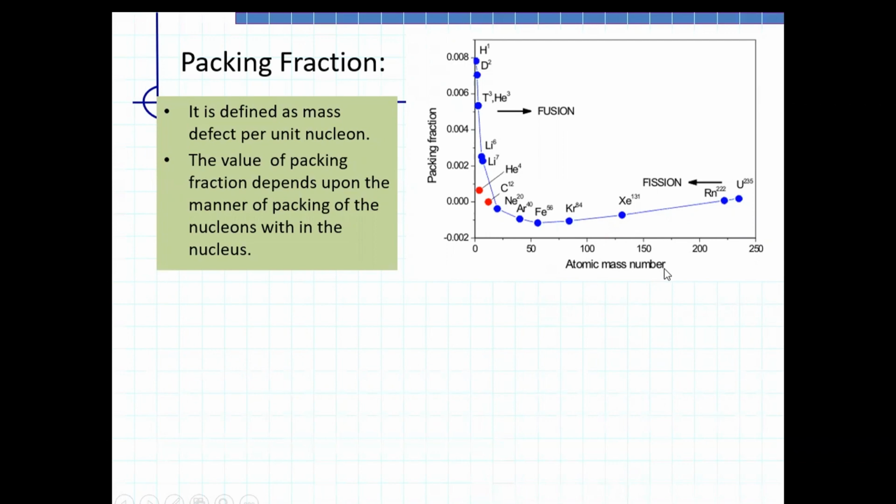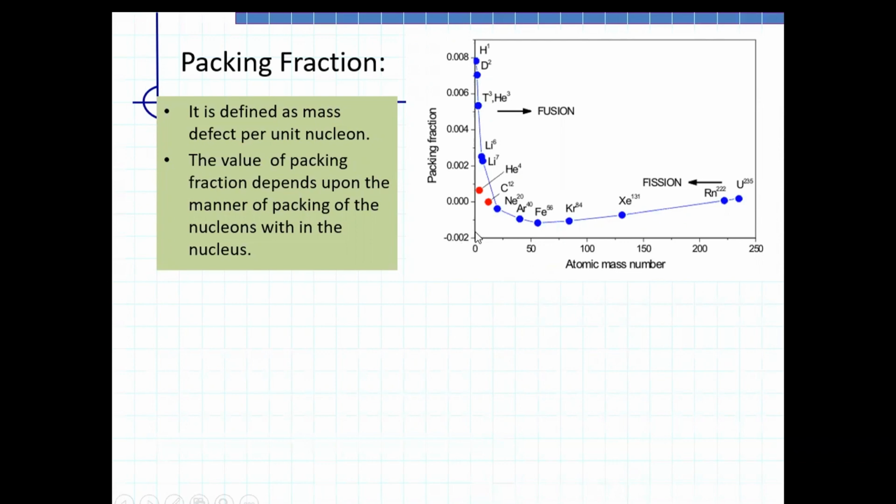The mass number stands for the sum of protons and neutrons. So atomic mass number is increasing in this direction, and the packing fraction is shown from 0 to the higher values of 0.008 and the lower values minus 0.002.